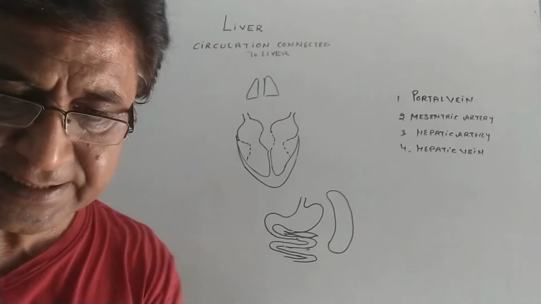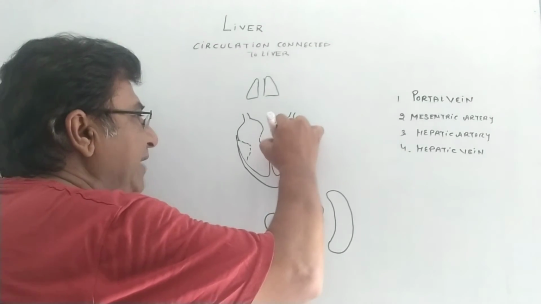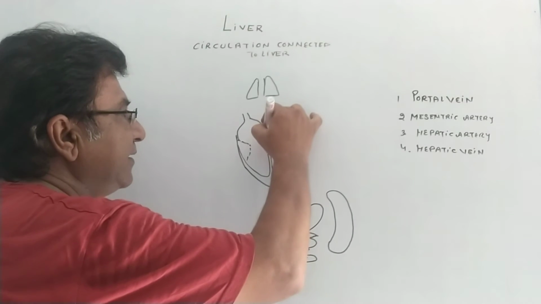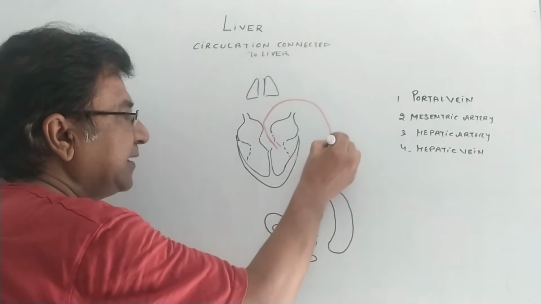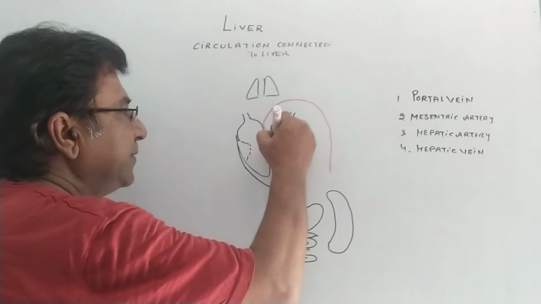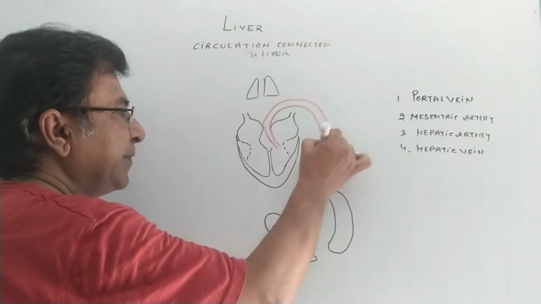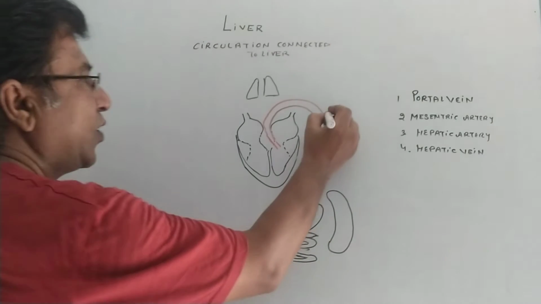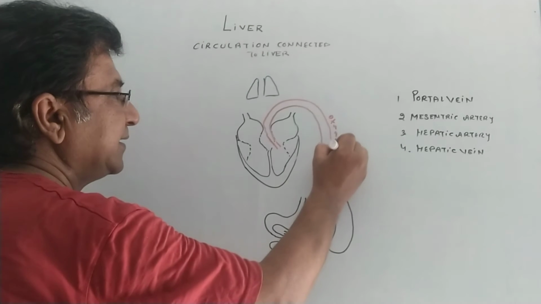Now, let us understand the aorta, which starts its journey from the left ventricle and then makes the aortic arch, coming down. Obviously, it is taking the oxygenated blood from the heart.